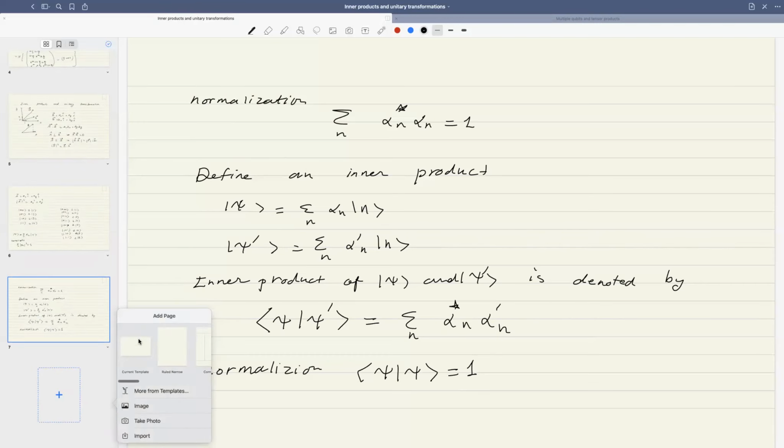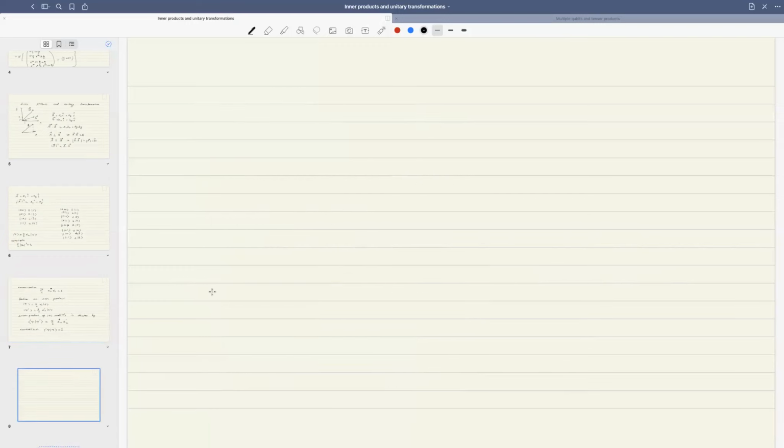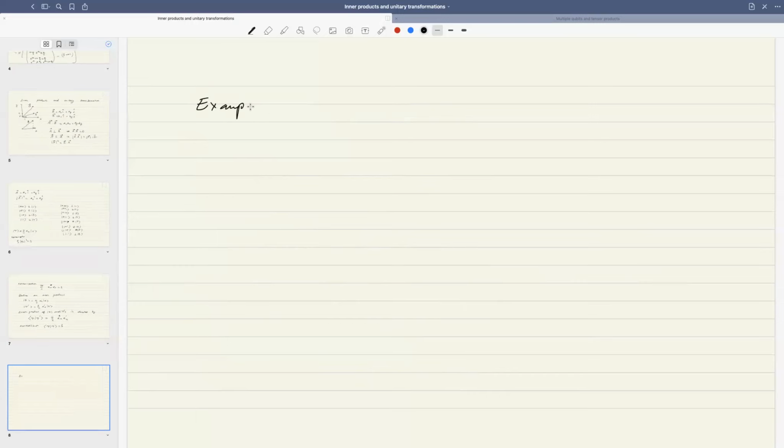So let's do a quick example here. Let's say psi 1 is 1 over square root 3 times e to the i pi over 4 times 0, 0, plus 1 over square root 3 times 0, 1, plus 1 over square root 3 times 1, 1.